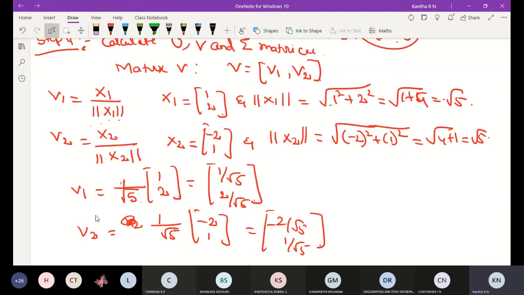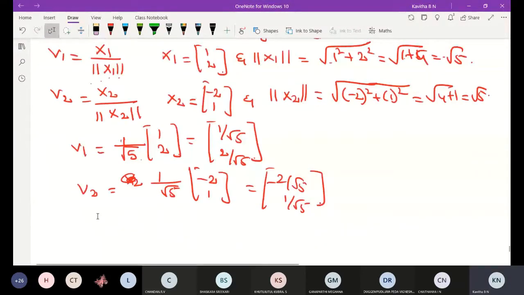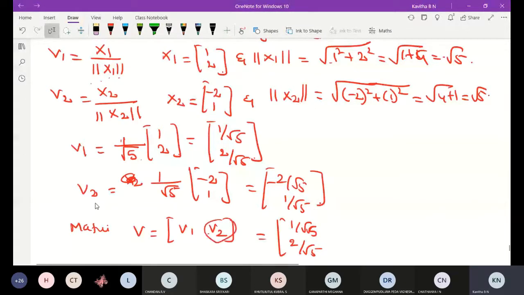Okay, here write down matrix capital V is equal to V1 and V2. Write down what is the V1. Just now we found V1 is 1 over root 5, 2 by root 5, and V2 is minus 2 by root 5 and 1 by root 5.